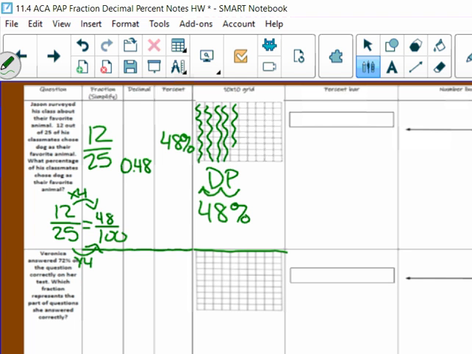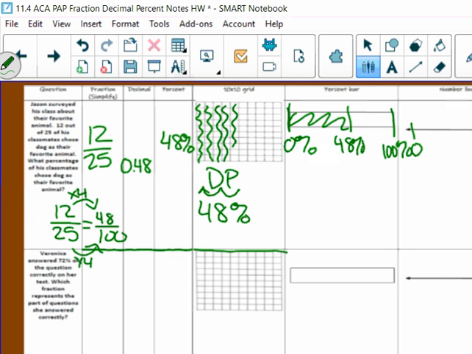For percent bars, the maximum percent on a percent bar is 100%. So 48%, we would shade it in to 48%. But on the number line, the number line is going to start at 0, and the whole number over here is going to be 1, because percent means out of 100.